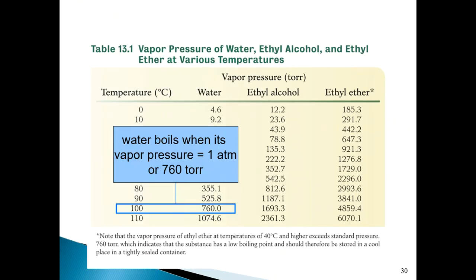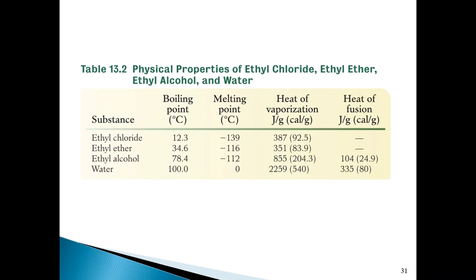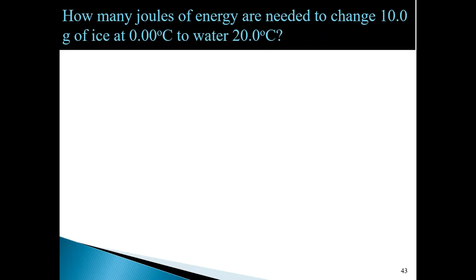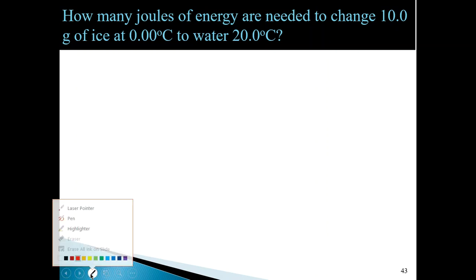Okay, so the heat of fusion of ice is 335 joules per gram. Okay, so this is the question. How many joules of energy are needed to change 10.0 grams of ice at 0.00 degrees to water at 20.0 degrees Celsius?